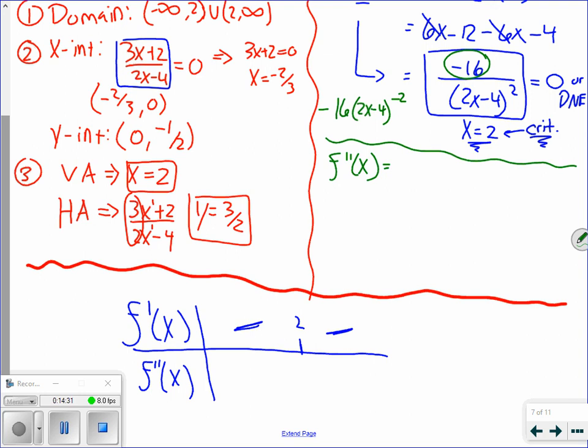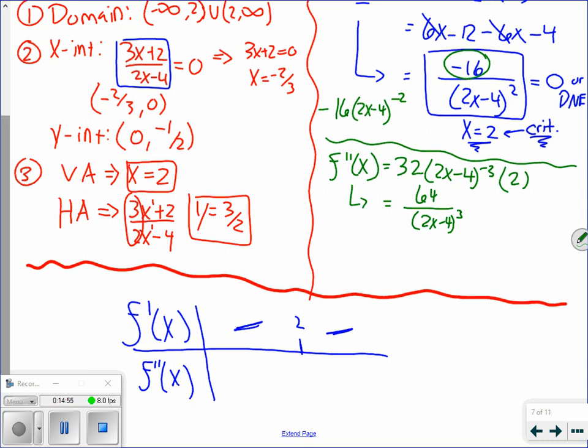So doing chain rule, bringing the negative 2 down, I have positive 32 times 2x minus 4 to the negative third, and then multiplied by the derivative of the inside, which is 2. So what I'm left with is 64 on top, 2x minus 4 to the positive third power. And that's what the second derivative equals.